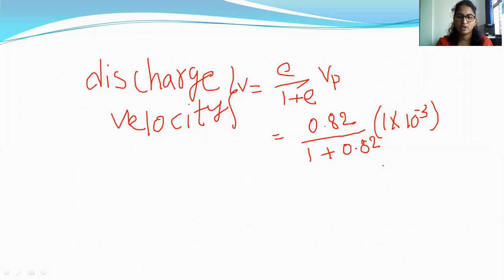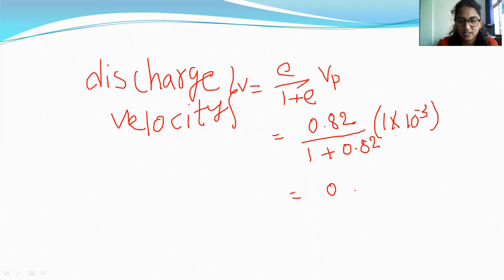V is equal to 0.82 by 1 plus 0.82 into 1 into 10 to the power of minus 3.